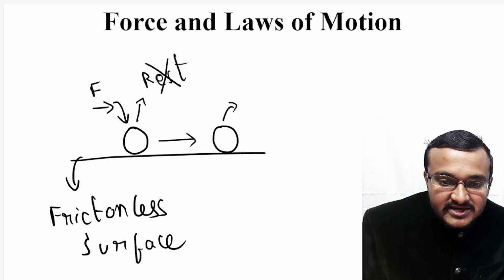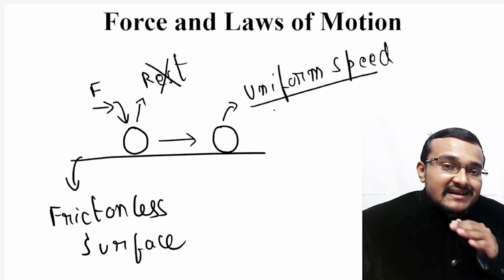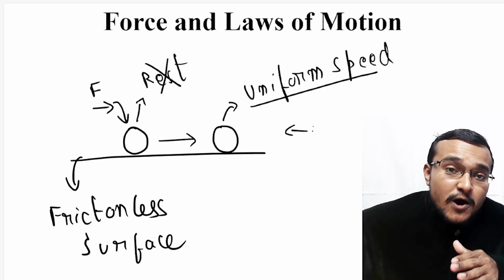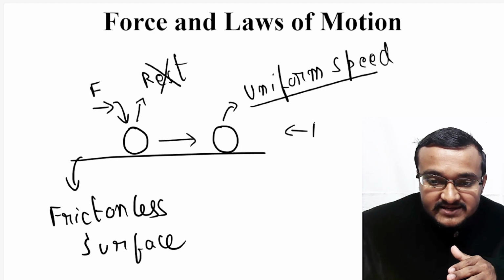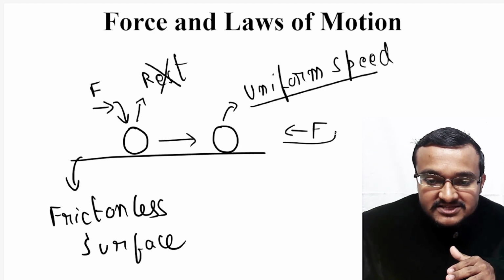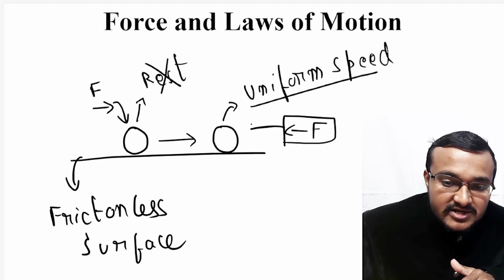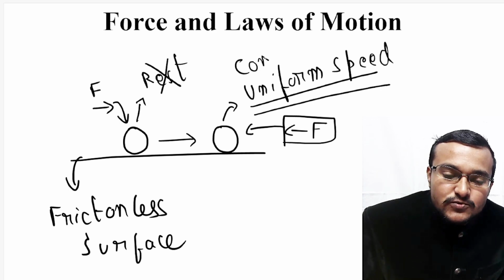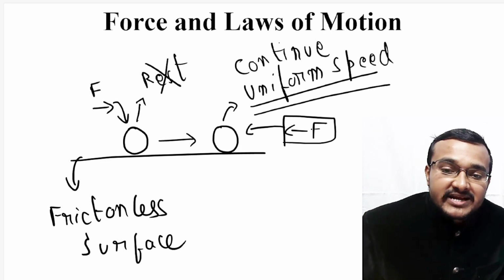And this uniform speed will keep continuing unless and until there is some external force acting upon this object. So let's say there is an object, and unless an external force is applied, it will continue to remain in uniform speed.